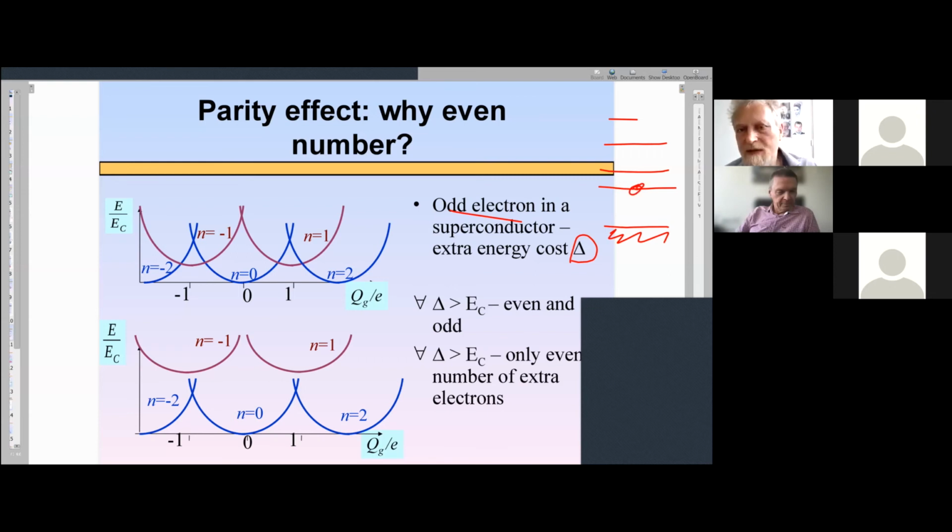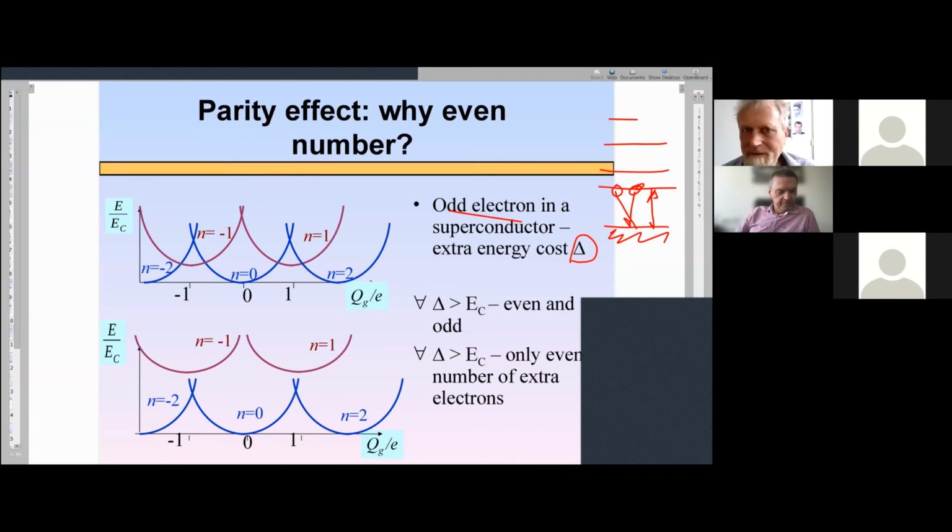So there is an odd-even energy difference, which actually also enables applications of superconductivity. In all devices available, one can, in one way or another, neglect odd electron states. Parity effect.